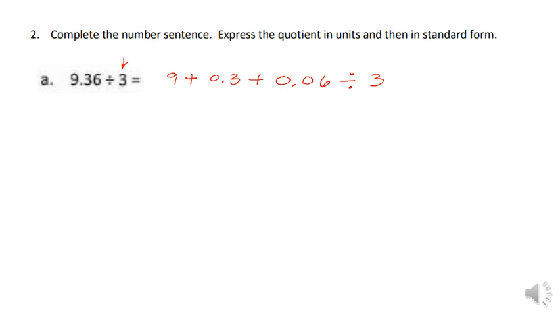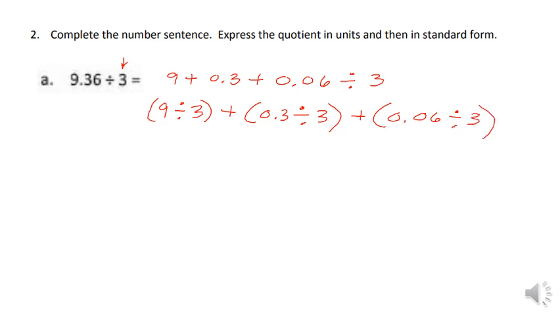Now, I'm going to distribute and divide each one of these numbers by 3. So now I'm going to go 9 divided by 3, and I like putting parentheses in there so I can see it, plus 3 tenths divided by 3, plus 6 hundredths divided by 3. Now we know 9 divided by 3 is going to give us 3.